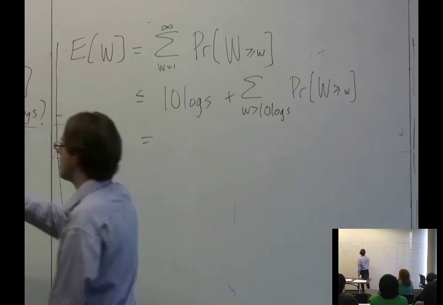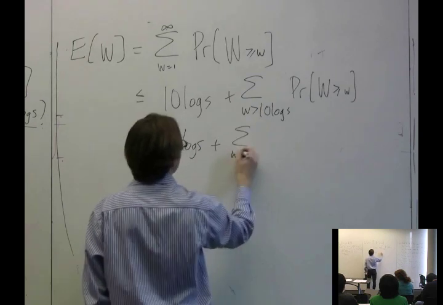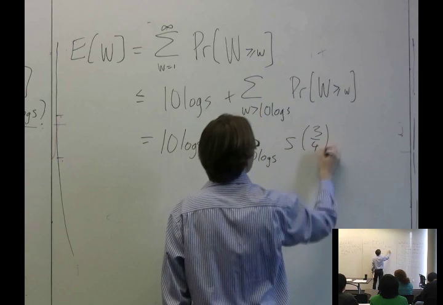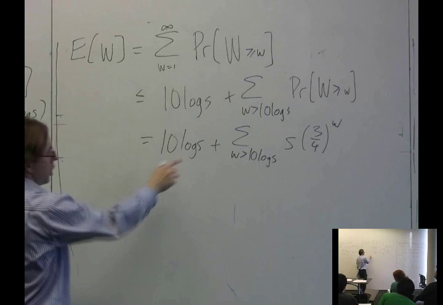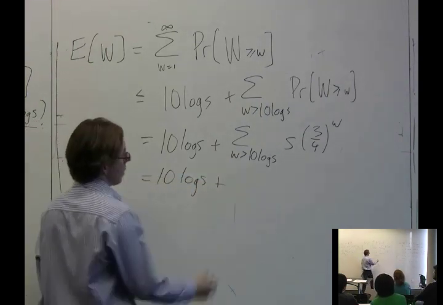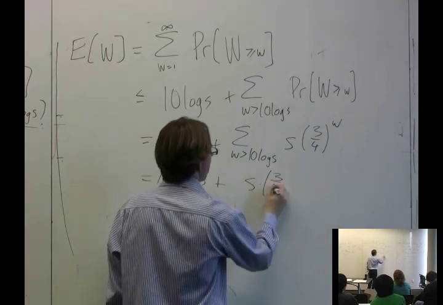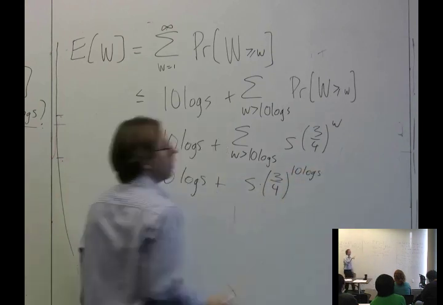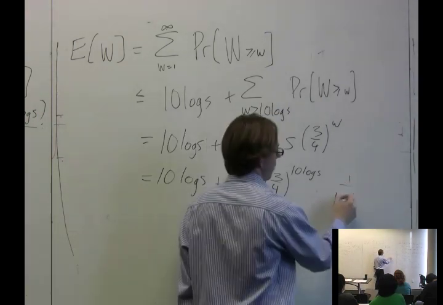Okay, and now we'll use this bound. So it's 10 log S plus the sum over w bigger than 10 log S of S times 3/4 to the little w. Okay, and this is like a geometric series, so we get 10 log S plus the first term, which is S times 3/4 to the 10 log S, times 1 over 1 minus the ratio, which is 1 over 1 minus 3/4.